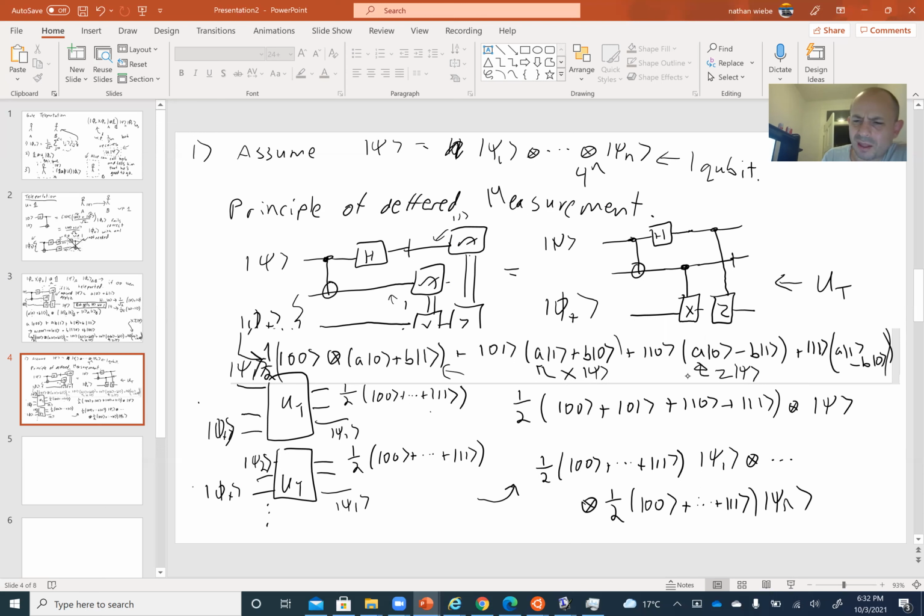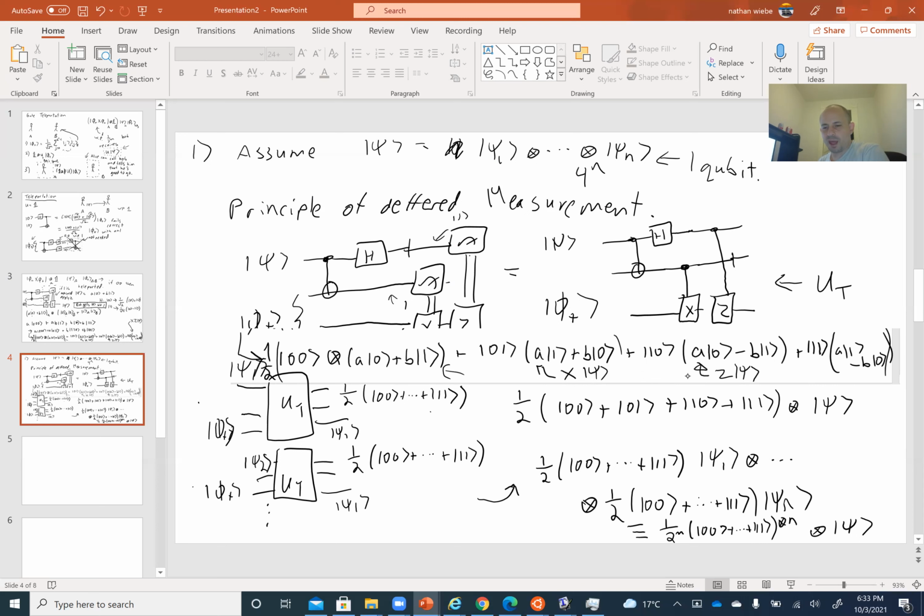Now, when we go through it and rearrange the definitions of the spaces here, we can see that this quantum state is equivalent to 1/2 to the n (|00> + |11>) tensor n, tensor psi. So this means from the principle of deferred measurement, if we changed our circuit to allow controlled NOT gates between Alice's qubits and Bob's qubits, then we can implement this unitary.